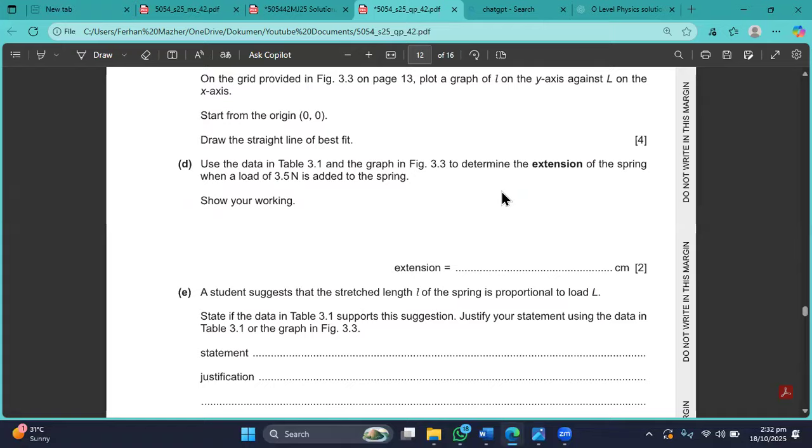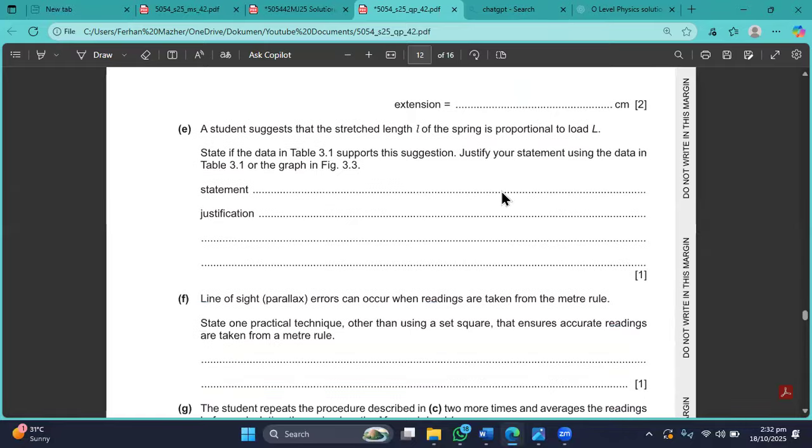If the length of the spring is directly proportional to the load, then what will happen? The graph will be a straight line, and the graph will have positive gradient, and it will pass through the origin.